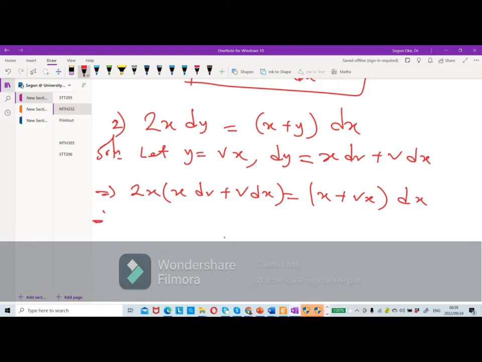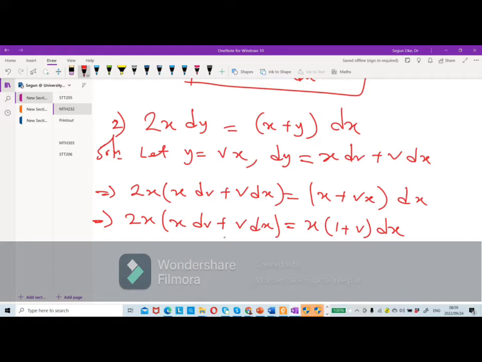So let's move on. In this case now, you open the brackets, or you still leave the bracket open. 2 into x dv plus v dx equals, something is common here. x is common, 1 plus v is here, dx.